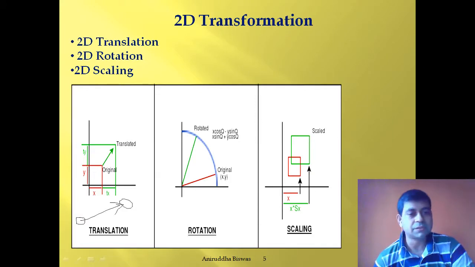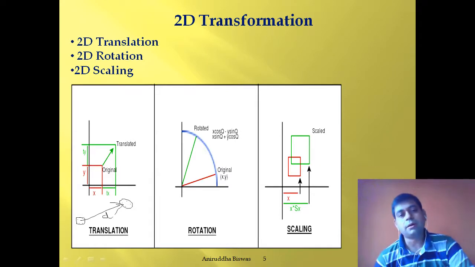That means the size will remain intact. Each and every point present on a particular object will be at the same relative position, but after some displacement. So it traverses a distance d after translation, but the original size of the object will remain intact.